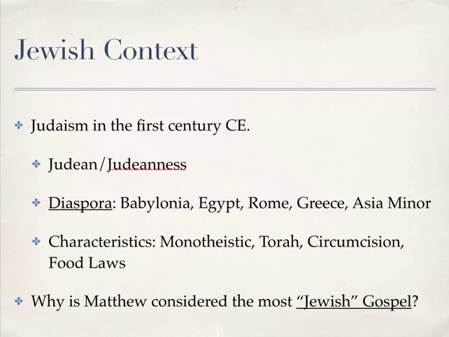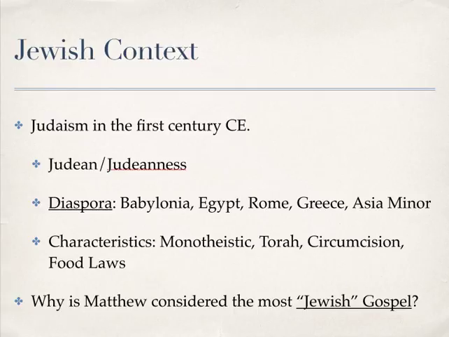What is the Jewish context in relation to religion? One thing that separated Judeans religiously from almost every other ethnic, religious, political, geographic entity in the world was the fact that Judeans were monotheistic. They only believed that there was one God. Deuteronomy 6:4 is kind of the statement of monotheism within Judaism, and it's called the Shema.